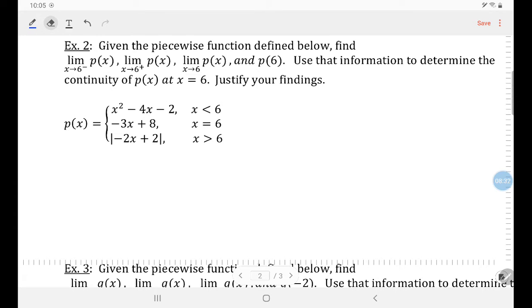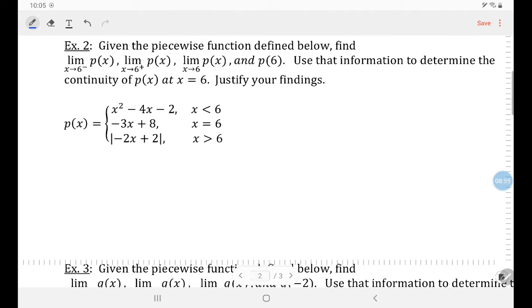So I've given you in example 2 a function p of x, and you're being asked to find the left limit, the right limit, the two-sided limit, and the value of the function at x equals 6. So let's go ahead and dig into it and then answer the question. We're going to determine whether or not it's continuous at x equals 6.